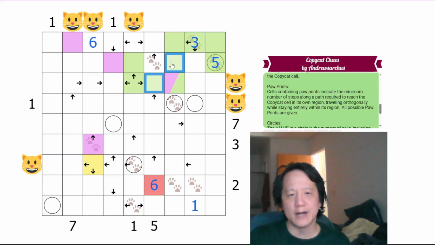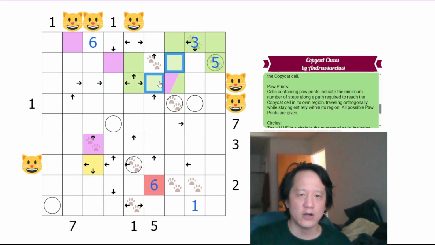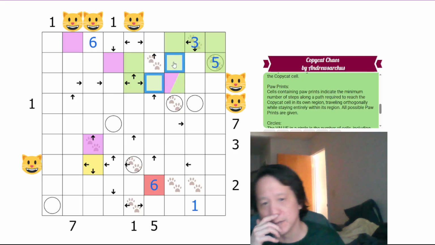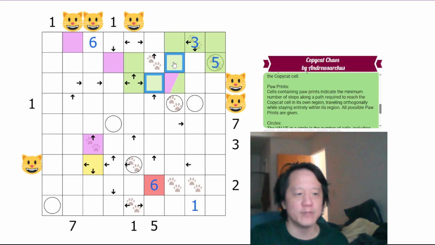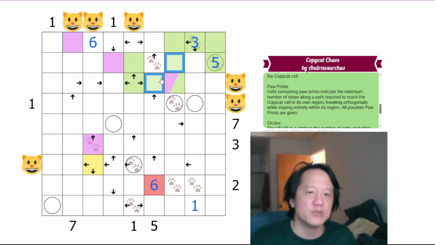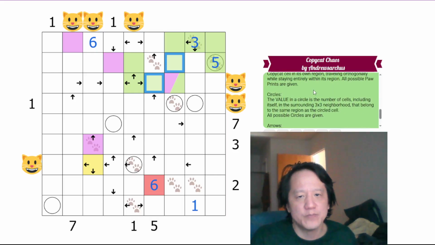These digits could not be 1, assuming that this region was valid, because they are 1 away from the copycat cell and there are no paw prints in them. If there was a 1 there, it would be 1 away from the copycat cell and would necessarily have to have a paw print, because all paw prints are given. So keep that in mind for the negative constraint there.